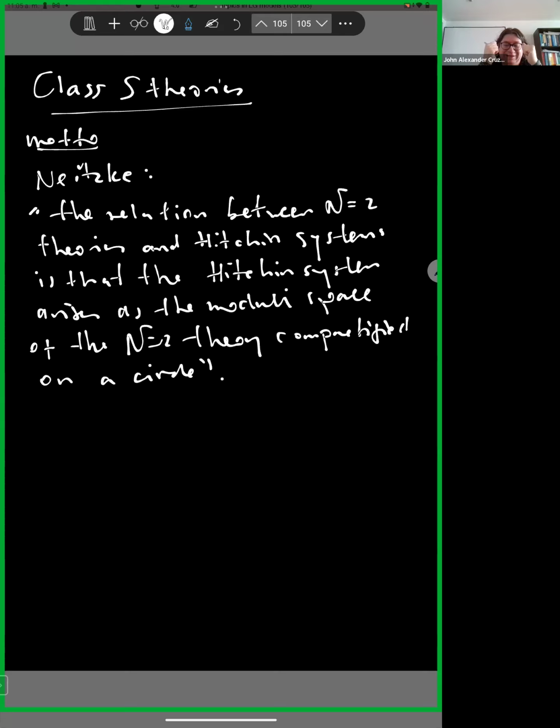And that's what this motto by Andy Neitzke is saying. So you consider some kind of N equal to 2 theory, and then you compactify on a circle, and somehow you get that Hitchin system.